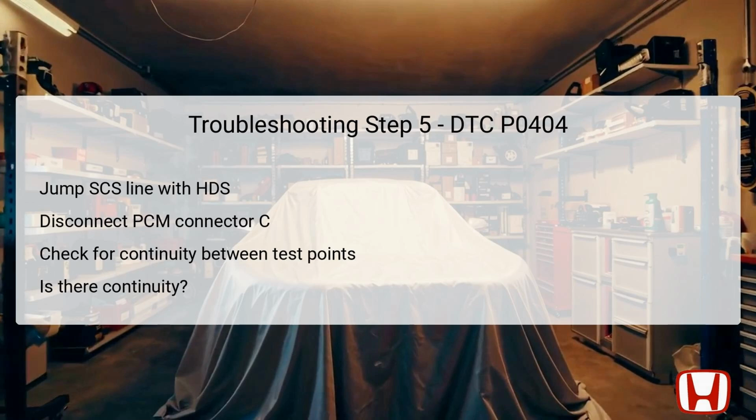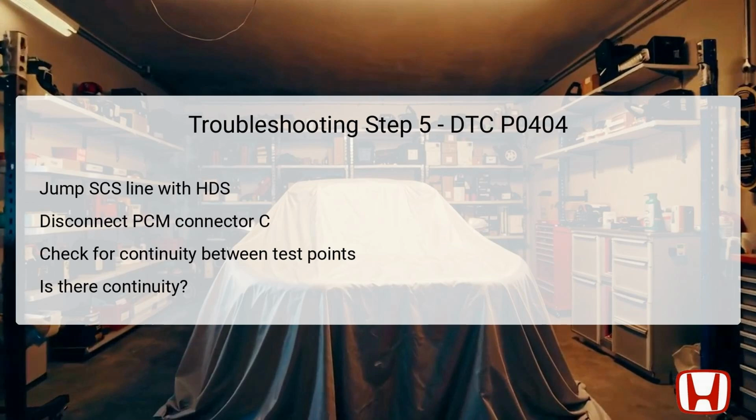After setting up the SCS line, disconnect the PCM connector C, specifically the 51P connector, to minimize any interference during testing. With both connections open, check for continuity between the designated test points using the same off-mode condition. This test looks to confirm if any short circuit exists within the EGR line connecting back to the PCM.